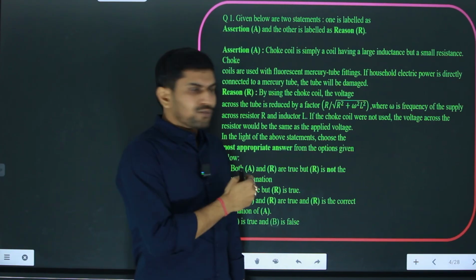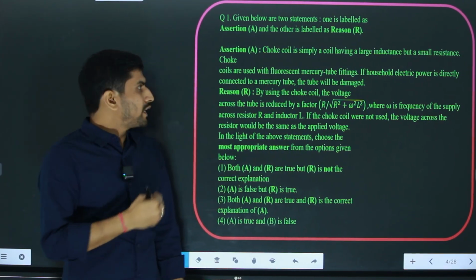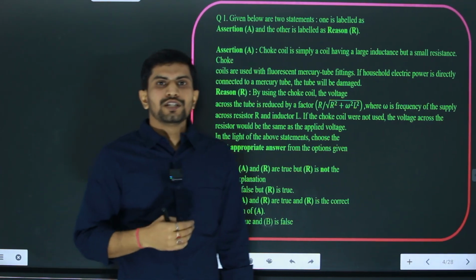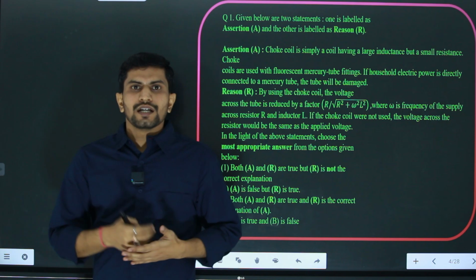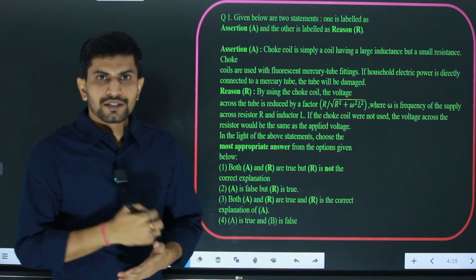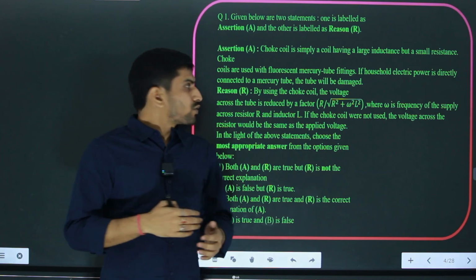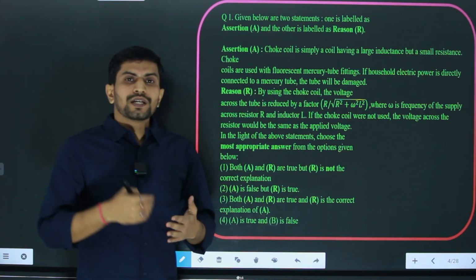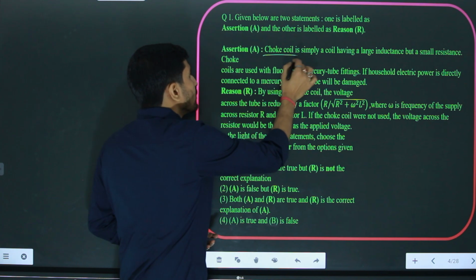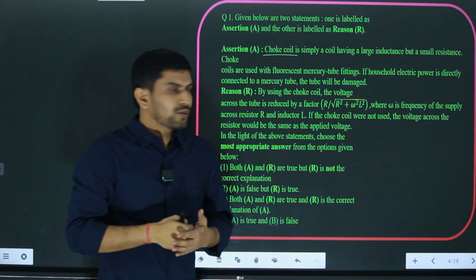This question is basically from the alternating current chapter, and it talks about a mercury bulb and a choke. Here the mercury bulb is acting as a resistance and the choke is acting as an inductor. The first statement talks about the situation where a mercury bulb has to be connected with a choke coil so that the mercury bulb can be prevented from damage.